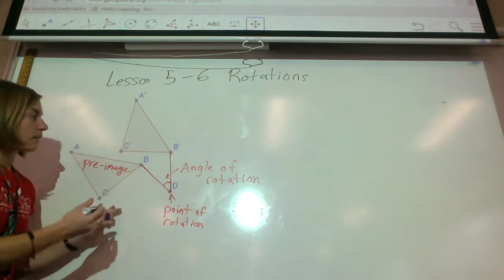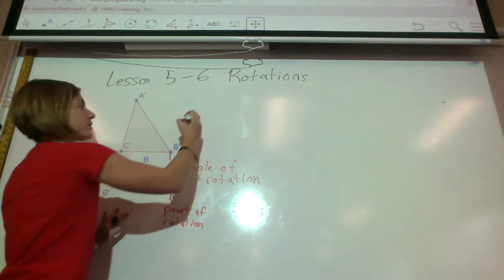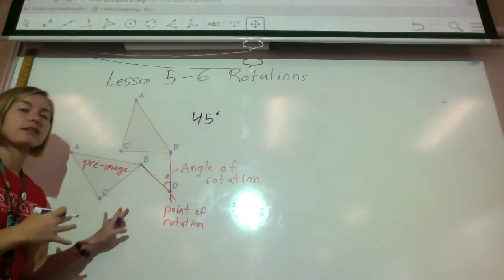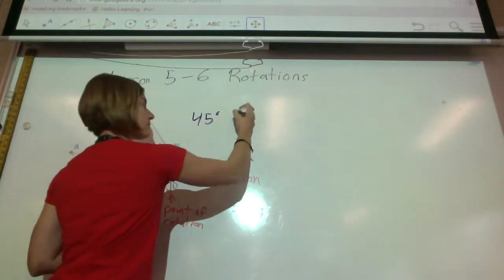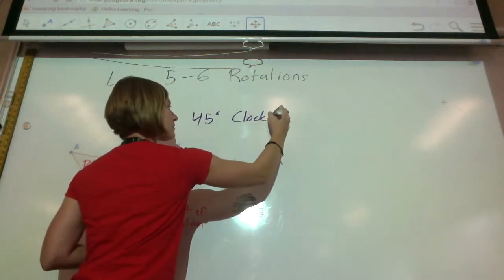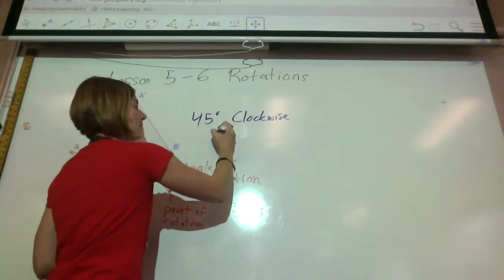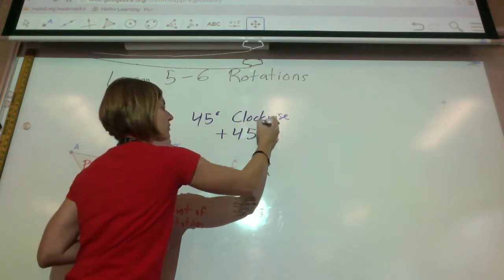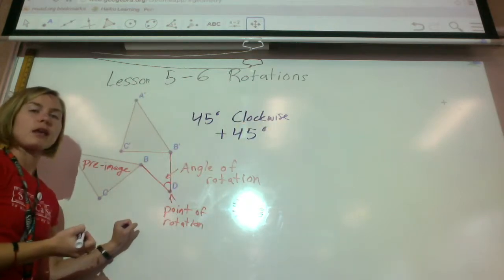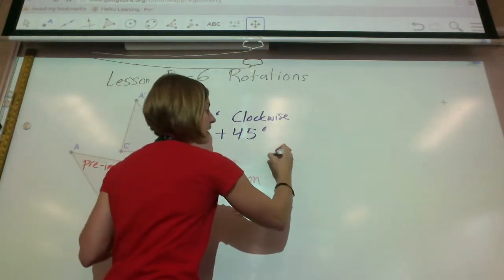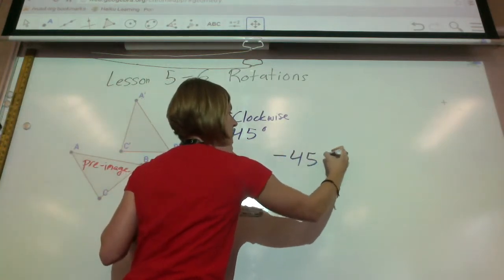In this case, I chose to do 45 degrees. Because I did 45 degrees clockwise, another way we could say that is that I did positive 45 degrees. You'll see sometimes in your book them say, rotate something negative 45 degrees.